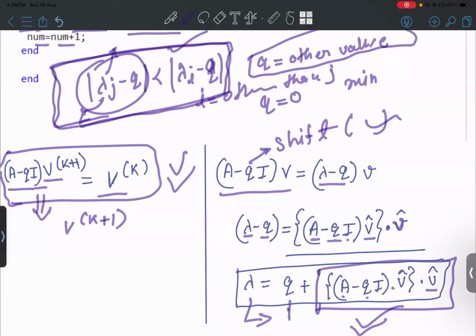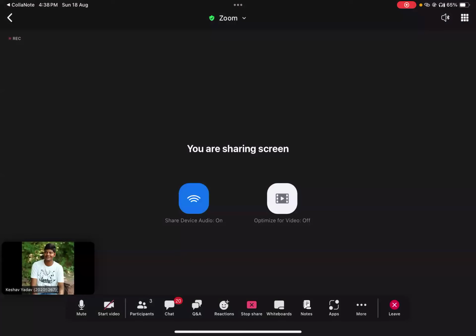Okay. Now I will stop sharing from here. Give me 1 minute. I will connect from my laptop and then show you whatever I have done.